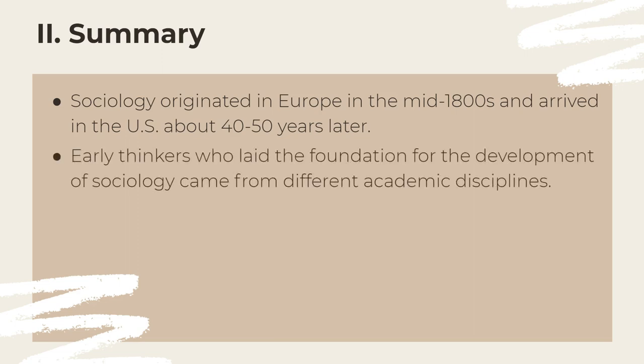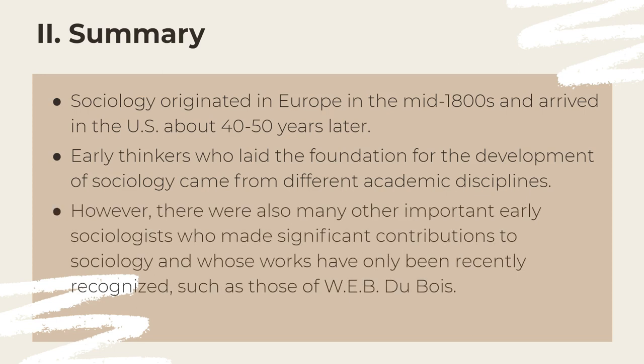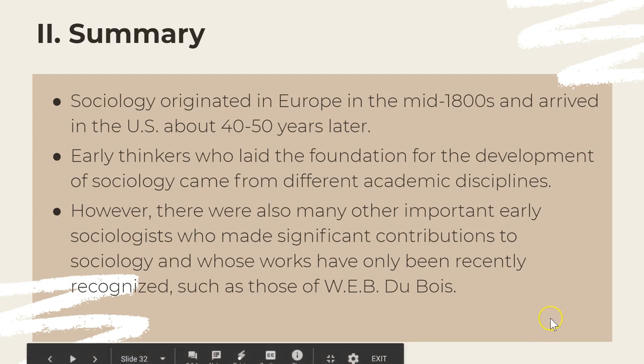Several early thinkers played pivotal roles in laying the foundation for establishing sociology, and they all came from different academic disciplines, such as philosophy and psychology, or other natural sciences. However, it's important for us to remember there were also many other important early sociologists who made significant contributions to sociology, but whose works have only been recently recognized, such as the works of W.E.B. Du Bois. So this concludes this section's lecture.